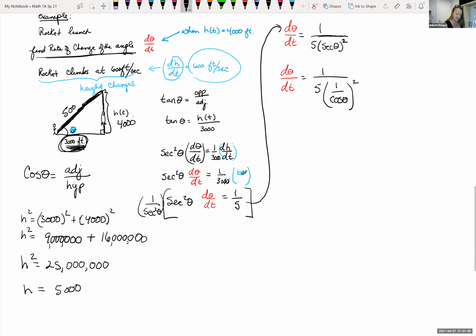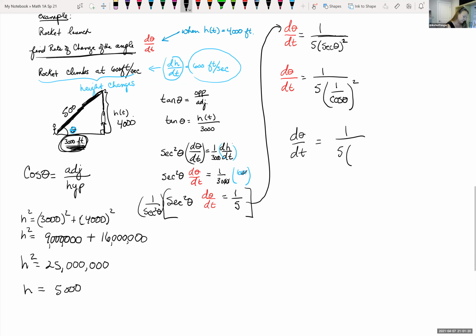So when I redo this, d theta dt is equal to 1 over 5 times 1 over cosine theta, which is adjacent over hypotenuse, or hypotenuse over adjacent for a secant.